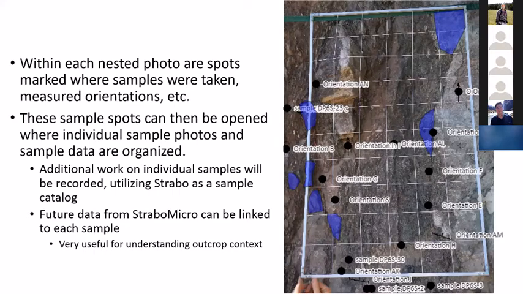Each box in this photograph is 10 by 10 centimeters. Opening the spots nested here yields more information on individual samples or points of interest. I also am planning to use Strabo to log sample progress in the lab and integrate Strabo microdata in the future. My opinion is that this is very useful for being able to quickly review the context of individual samples within an outcrop.